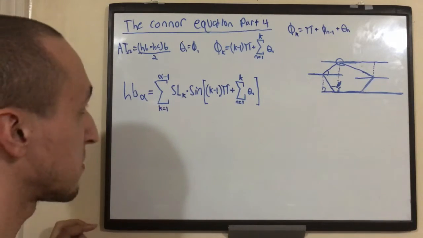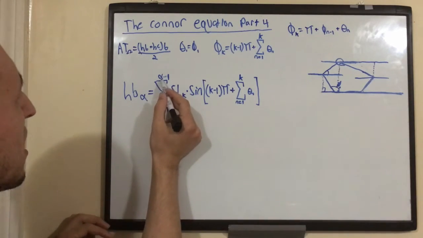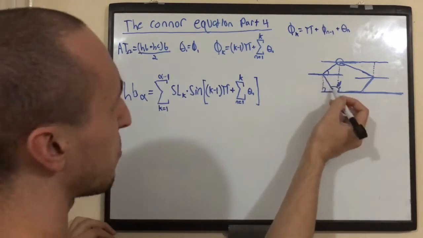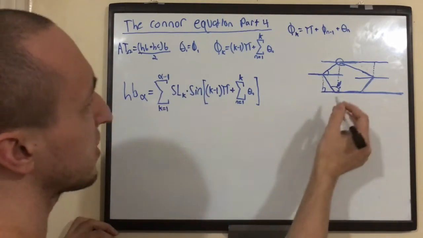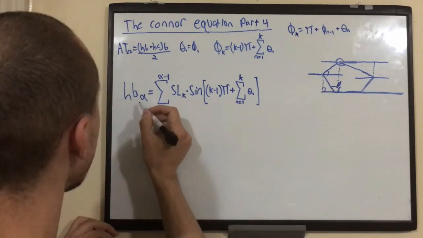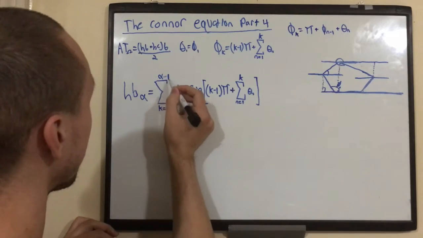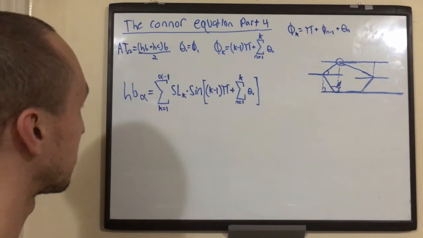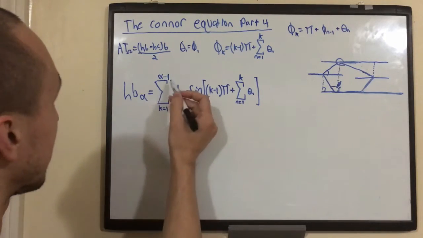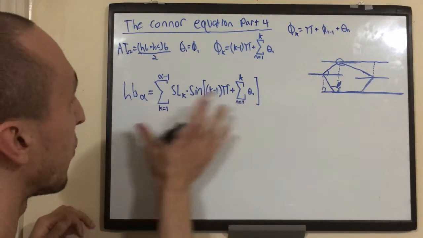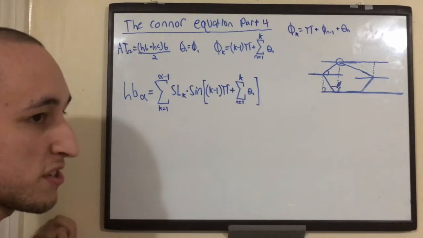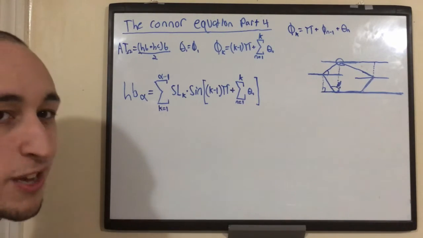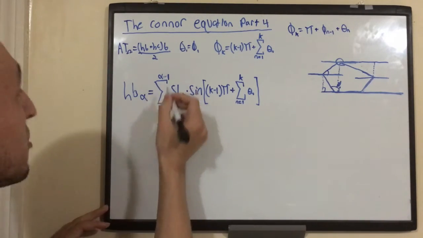A little quirk with summation notation: you're probably thinking, what if it's side length 1 and alpha equals 1, so HB1? Then 1 minus 1 is 0, and with k equals 1, the summation has no steps, so it equals 0.